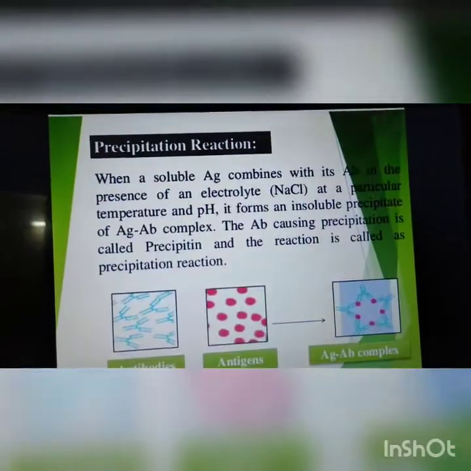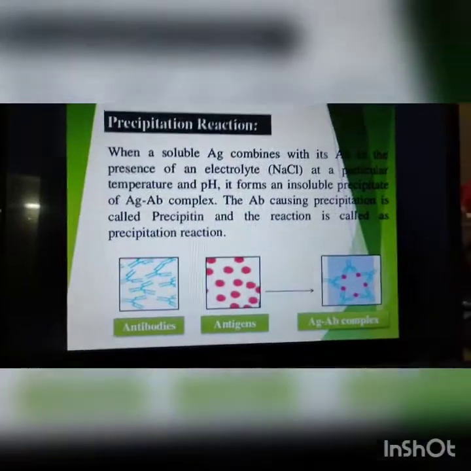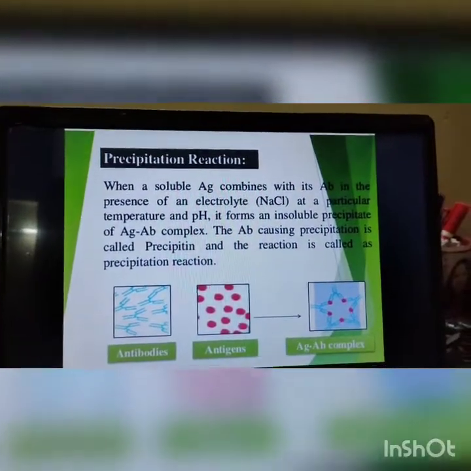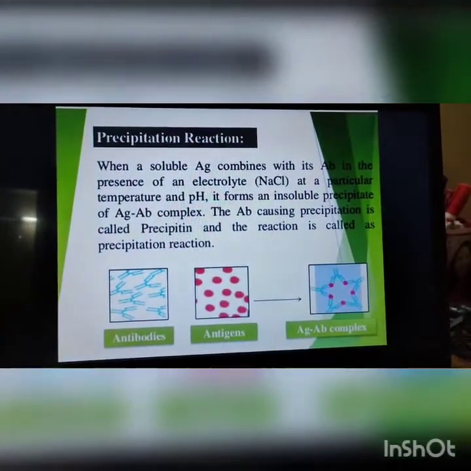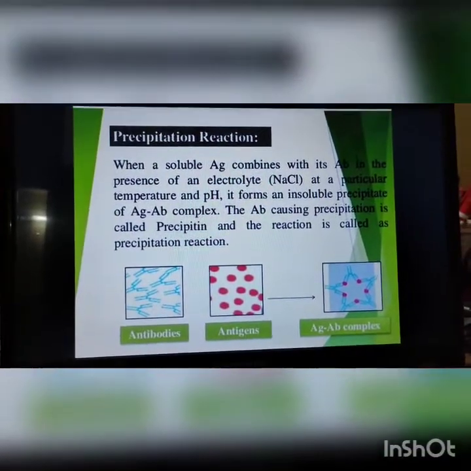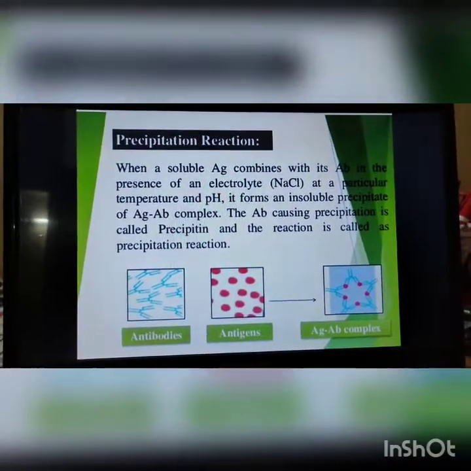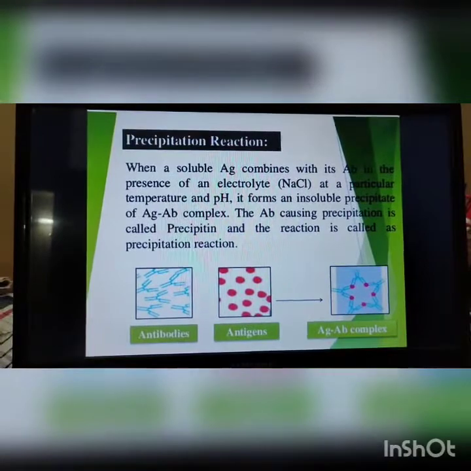Now first of all, the precipitation reaction. The name suggests that some kind of precipitate, or PPT, is formed, when there are two components, one the antigen and another the antibody.